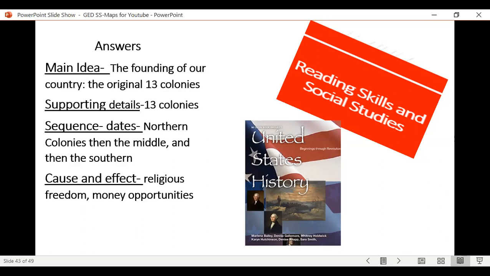And then remember also in the sequence dates, they had the founding of the different colonies, like in 1620, the Mayflower, the Pilgrims came across in the Mayflower. And then they decided there needed to be a set of rules so that everyone could follow them.